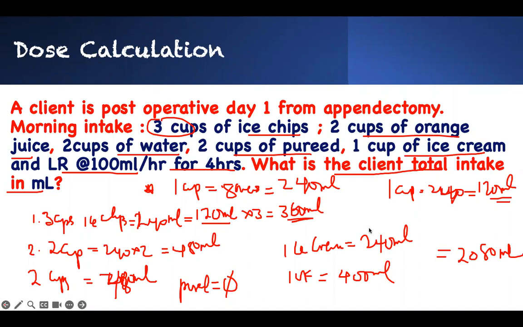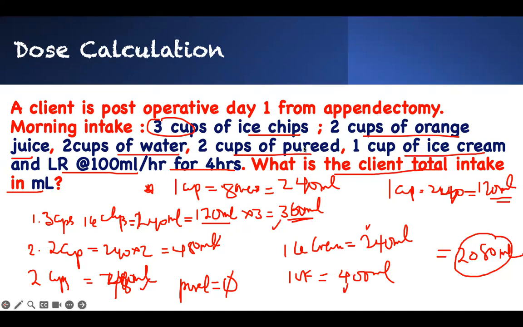So we added this, that, and that. This is 0. So the amount of fluid the patient took in the morning within that 4 hours is 2080 ml. That's the way you do it.